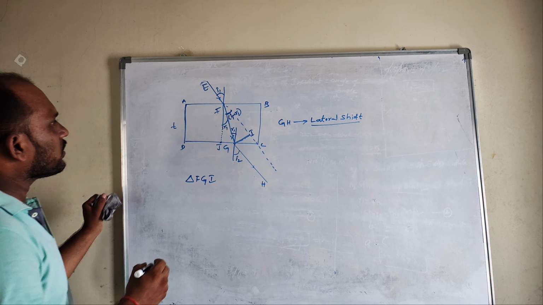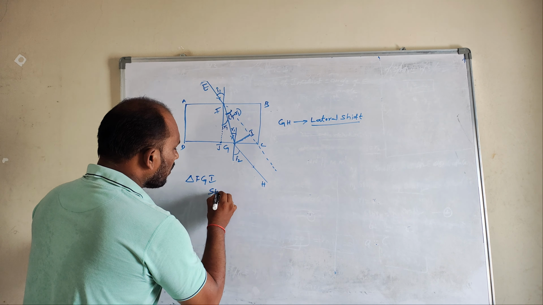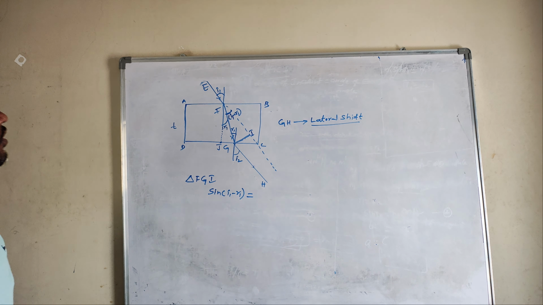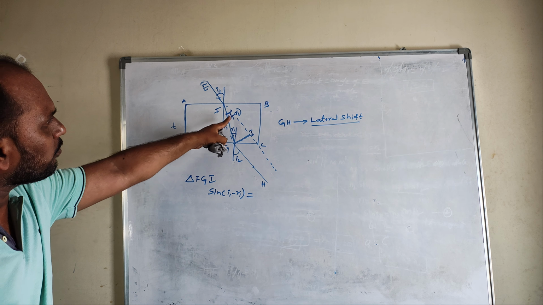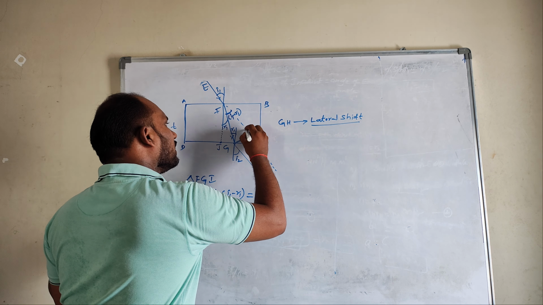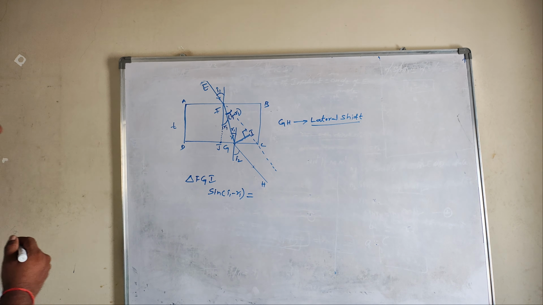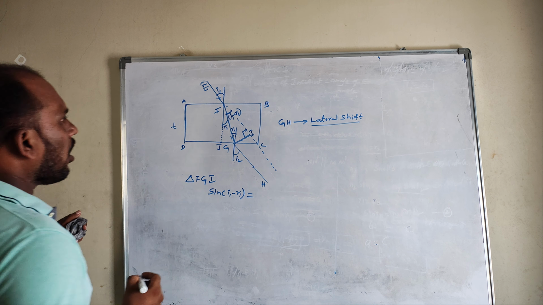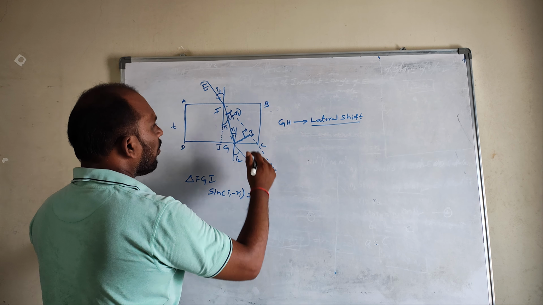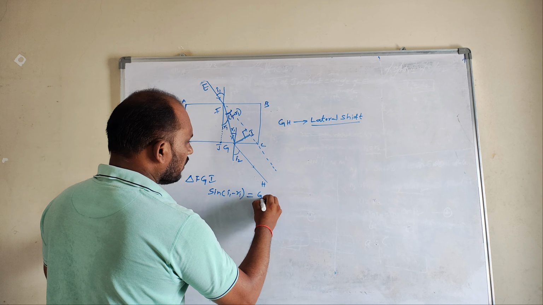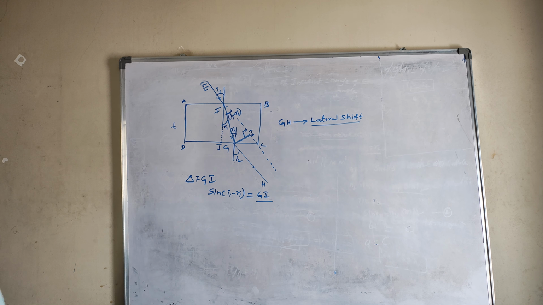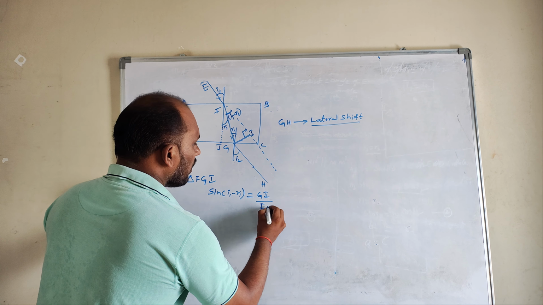So now I have to go with sine I1 minus R1 is equal to. So what is the meaning of sine? Opposite by hypotenuse. Here is the right angle. Keep in mind, this is the right angle. So opposite is GI, by hypotenuse, which is FG.